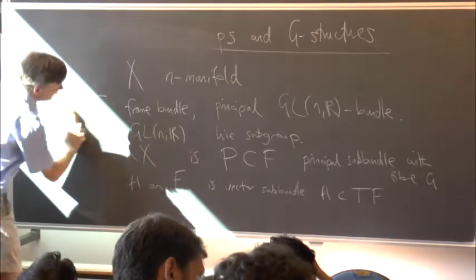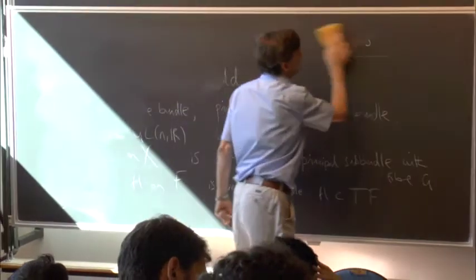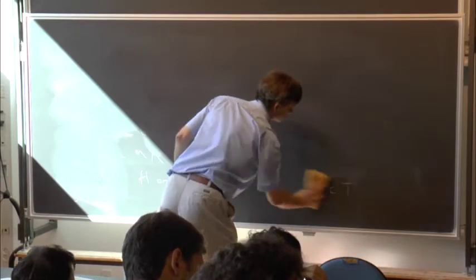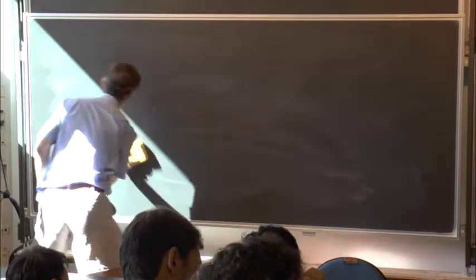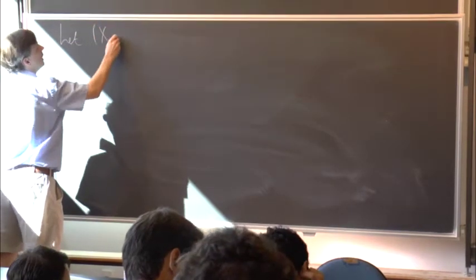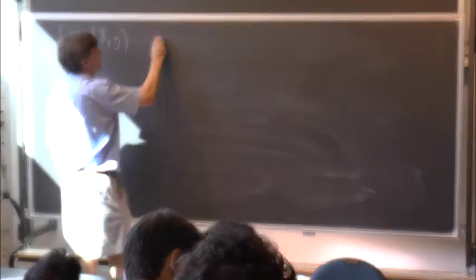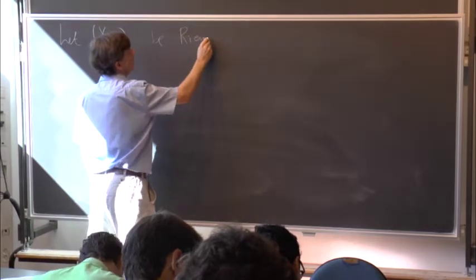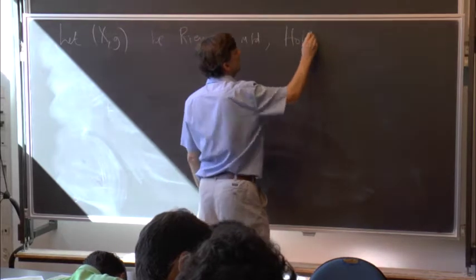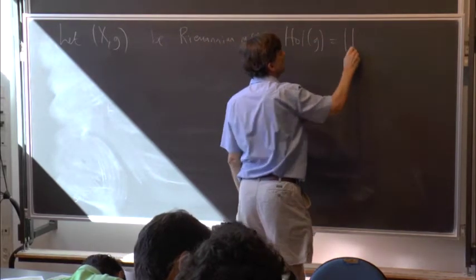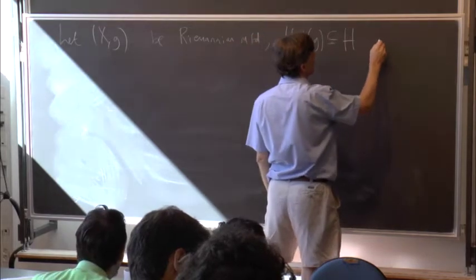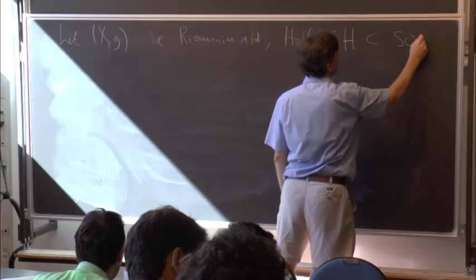Okay, so let's look at how this relates to holonomy groups. Okay, so let X, G be some Riemannian manifold with holonomy group of G contained in H, contained in SO(n).